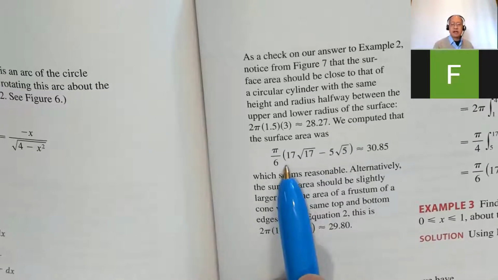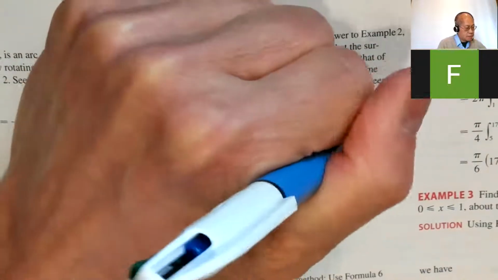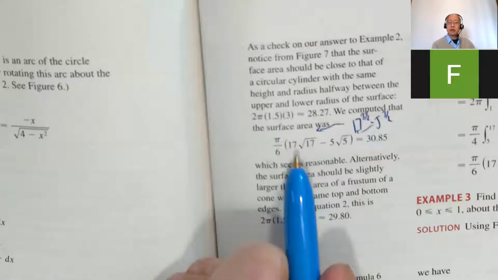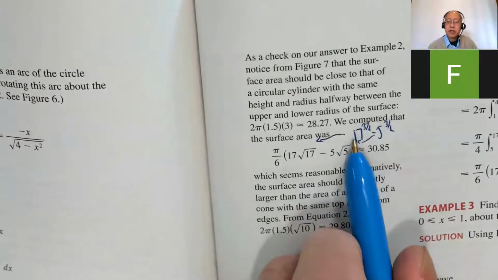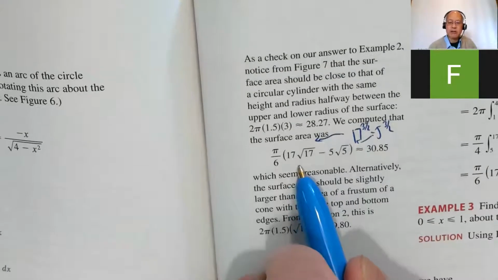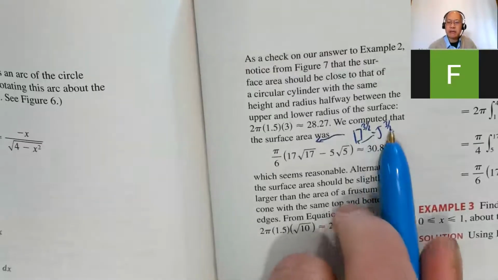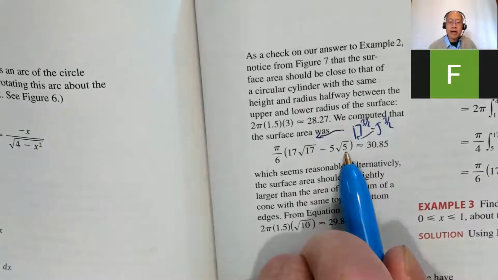This was probably 17 to the 3 halves minus 5 to the 3 halves. That's a recurring theme. So for this section, in general, don't leave your answer to the 3 halves power. I want you to write 17 radical 17, and likewise 5 radical 5. And that will happen a lot.